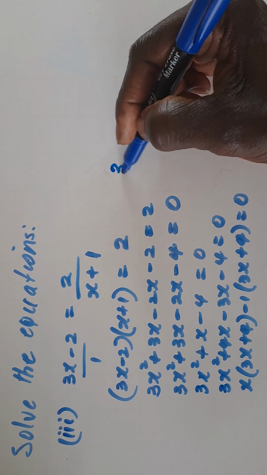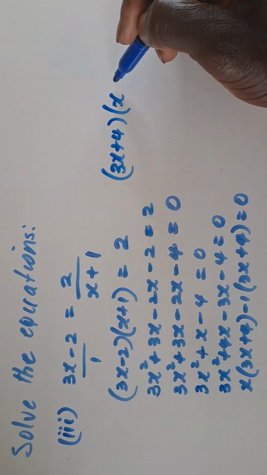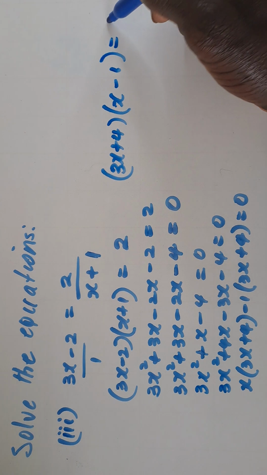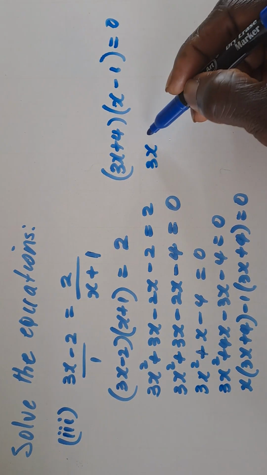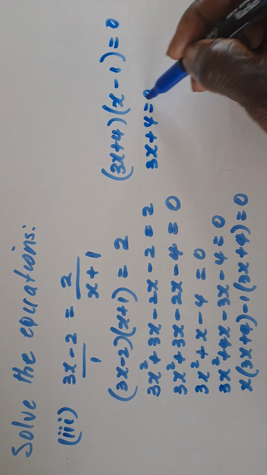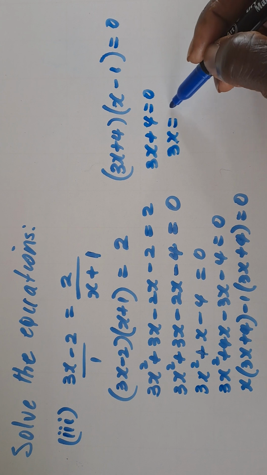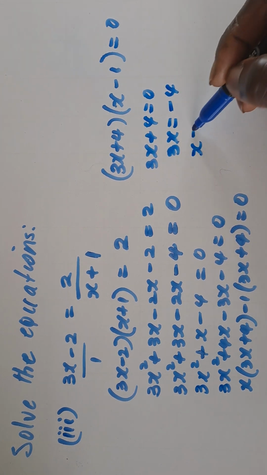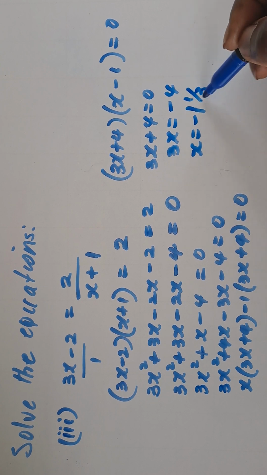So we can write 3x plus 4 times x minus 1. So one of our solutions is 3x plus 4 is equal to 0, giving us that 3x is equal to negative 4. So x is equal to minus 1 1/3.